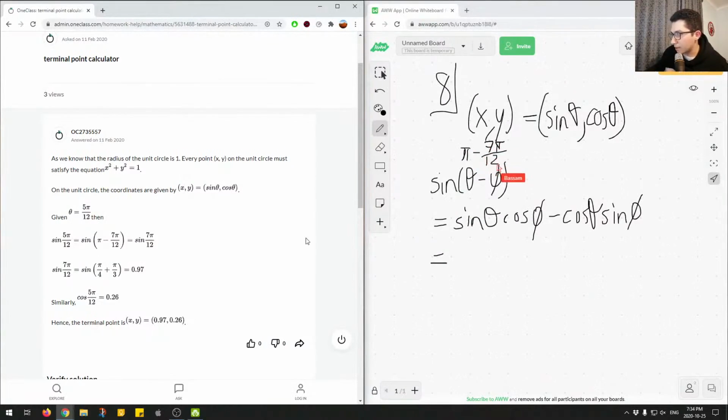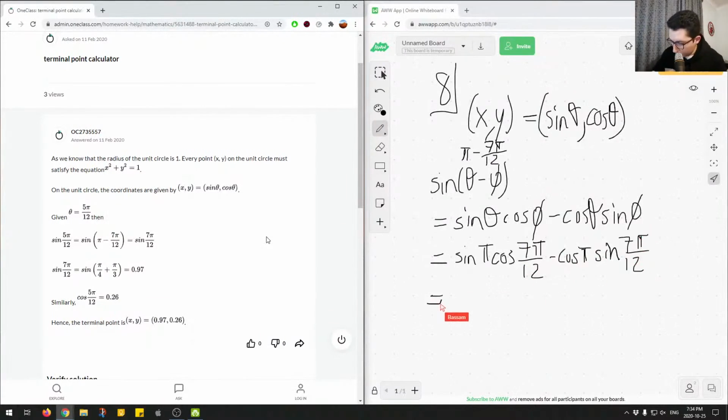So sine pi cos 7 pi divided by 12, minus cos pi sine 7 pi divided by 12.